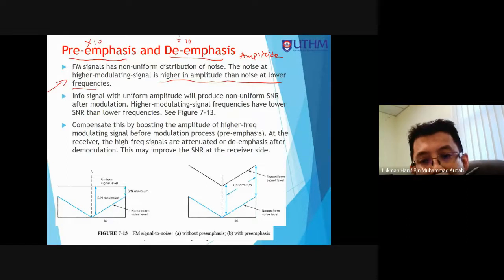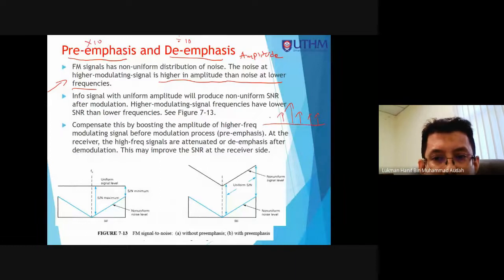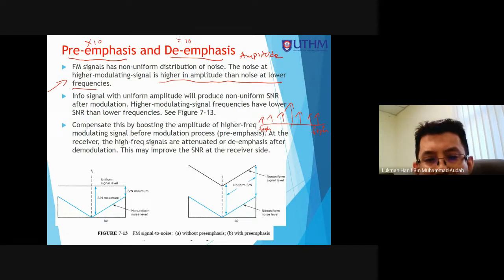Apa maksud dia? Kalau you ingat bahawa kita punya spektrum tu bentuknya macam ni, dia ada banyak. So you see that here saya lukis sehingga 3 FM. So this is FC plus 3 FM. Dikatakan bahawa noise level, okay, semakin jauh, semakin besar nilai FM, which is here is up to 3 FM, the noise level would be higher.